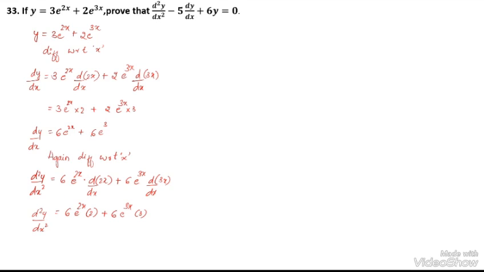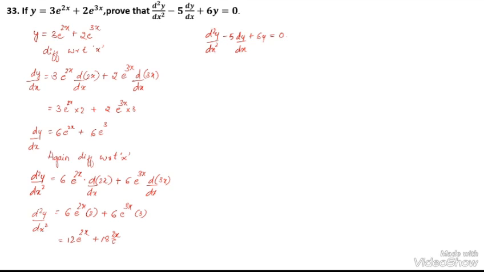Now I can take the equation, while substituting the values in this equation, that is d square y by dx square minus 5 into dy by dx plus 6y is equal to 0. What is d square y by dx square? 6 twos are 12 e to the power 2x plus 6 threes are 18 e to the power 3x.